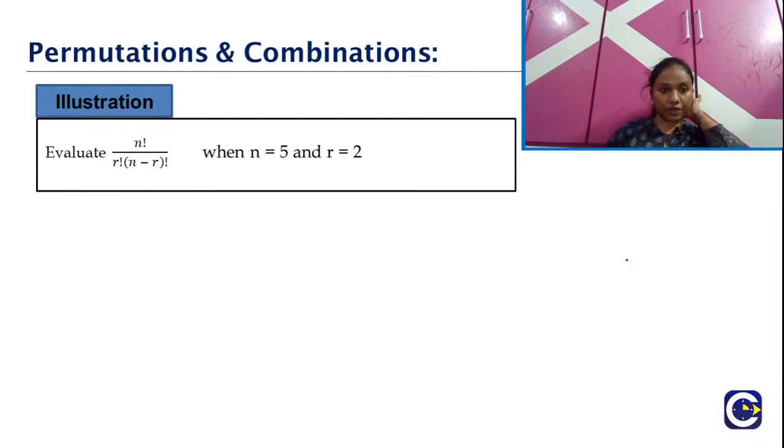Here they have given an expression and you have to evaluate it. They have given it in variables of n and r, but the values of both n and r are given in the question. So we just have to do the substitution and the further simplification required.